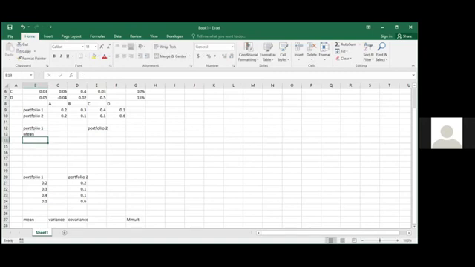Then variance, and then covariance value. Covariance of two portfolios.